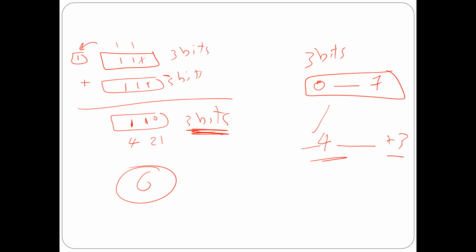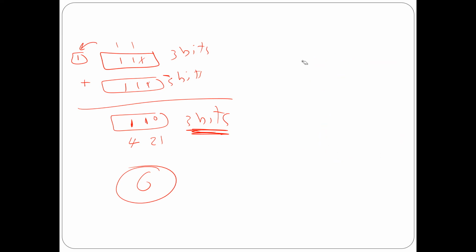I'm going to tell you. In the case of unsigned numbers, how can you know if there is overflow? Very simple. Once you do the addition, if there is a carry resulting from the most significant bit, that means there is an overflow.